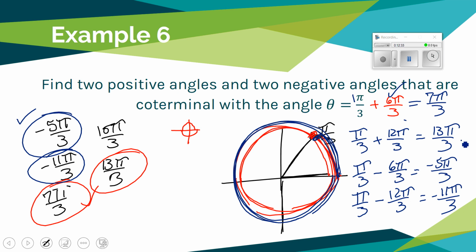And then you just subtract: 1 pi over 3 minus 360, 6 pi over 3, is negative 5 pi over 3. Okay? So how many are going to stick with the drawings and rotating it around? How many actually kind of like that? Okay. Does that make sense? It's just we're adding 360 every time. Adding 360 every time. Or in this case, 2 pi.